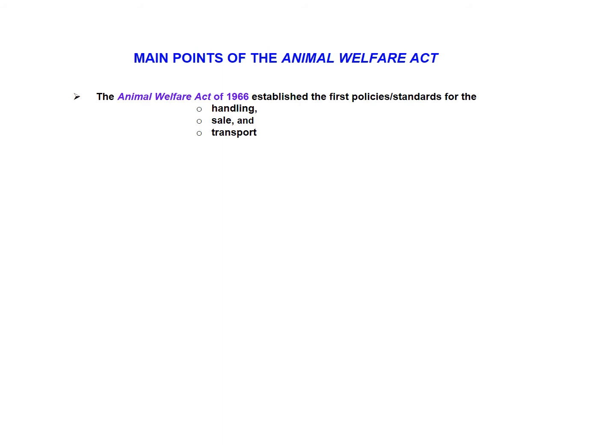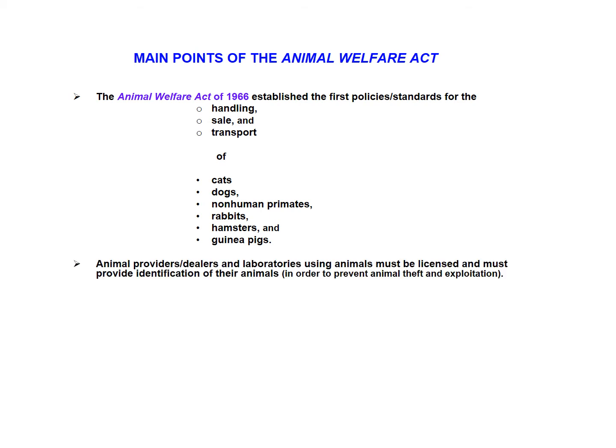The Animal Welfare Act of 1966 was the first one to establish policies and standards regarding the handling, the sale, and transport of animals, specifically cats, dogs, non-human primates, rabbits, hamsters, and guinea pigs. This group of animals was mentioned in the Animal Welfare Act of 1966.